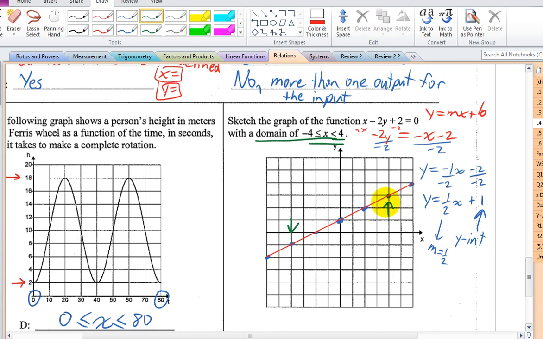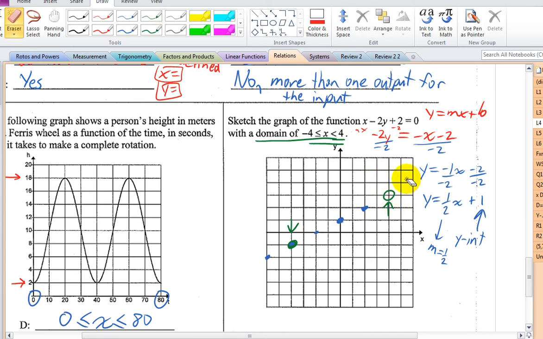So looking at the -4, do we include the -4? Is there an equal to part? Absolutely. So I'm going to make this nice and big. Okay. But what about the +4? Is it included? No. So right here on the line, I'll make it an open circle.